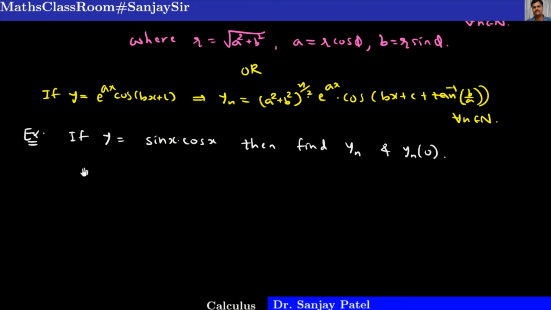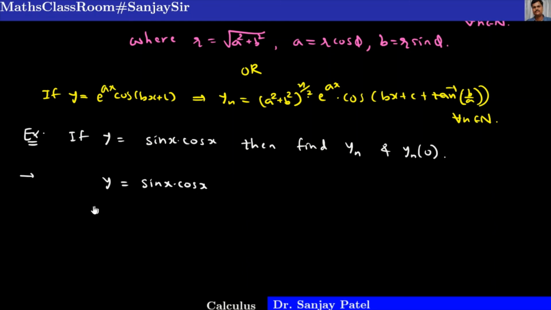First of all, for a function such as sin x into cos x, we have not obtained the nth derivative. What we know is the nth derivative of sin x or cos x or e raised to ax into sine or cos. These are the only 4 results we have derived in the last 2 lectures. So I will convert y is equal to sin x into cos x into a known formula.